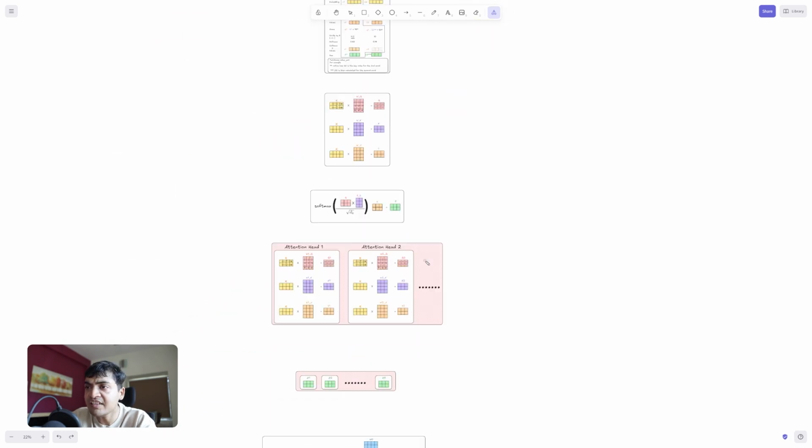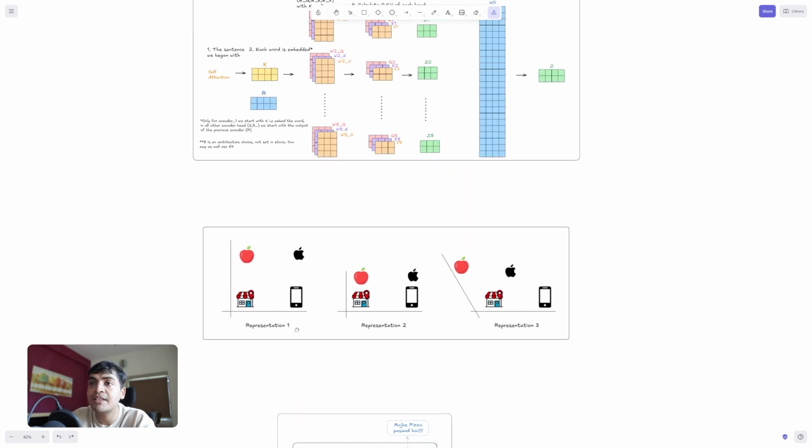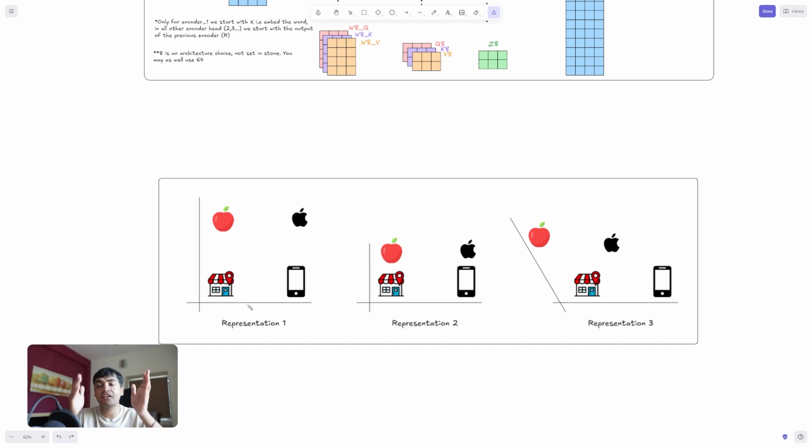And this can be represented as different representations. So if I put it in a graph, this can be our original room, and this could be a different attention head. In this attention head, the apple is closer to the market. So if someone asks me a question like, which company makes good cell phones, I can see that Apple is closer to cell phone, so the answer probably is Apple.